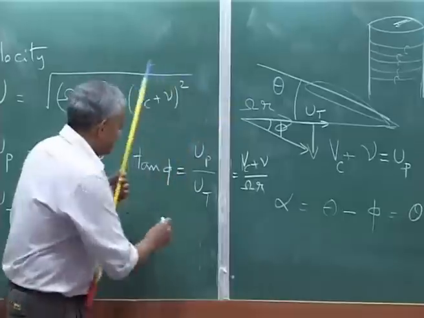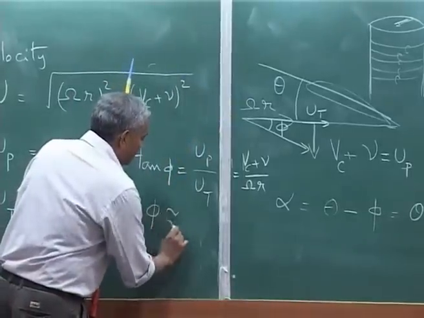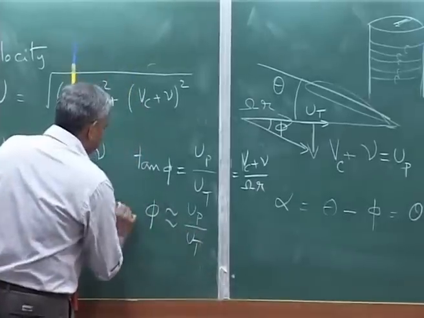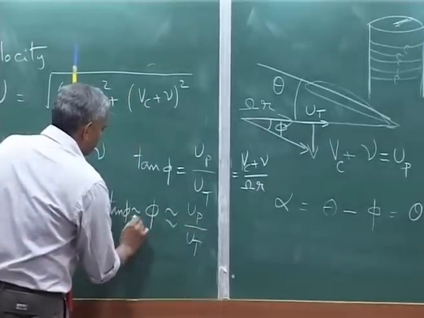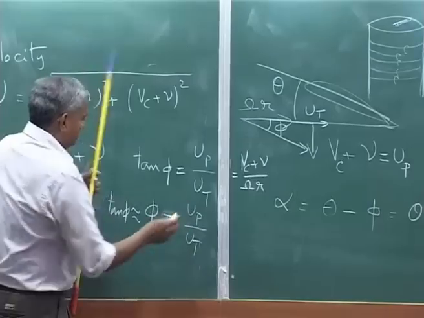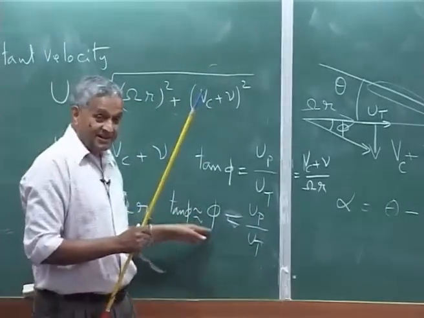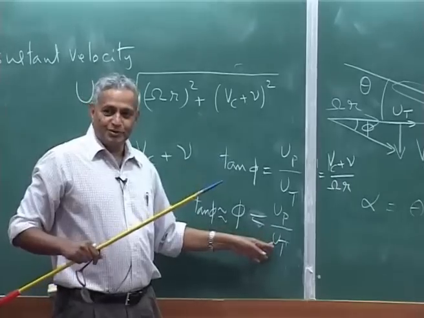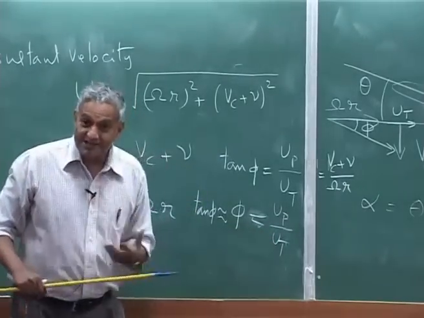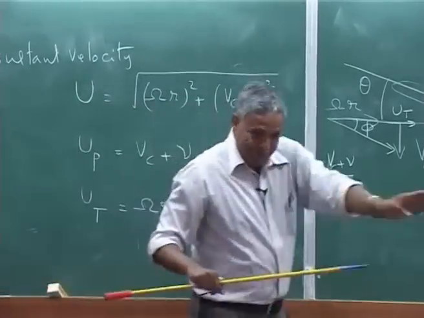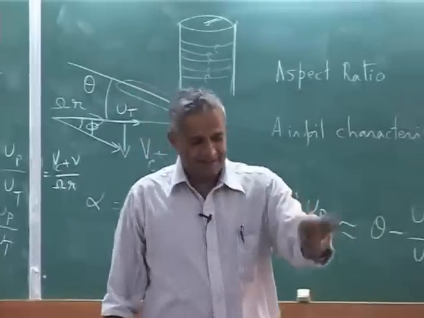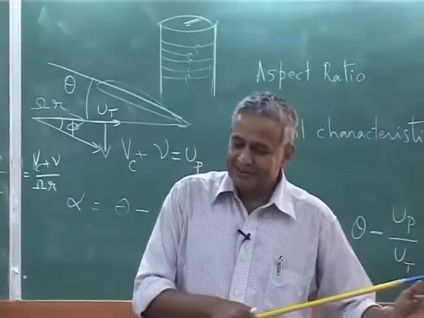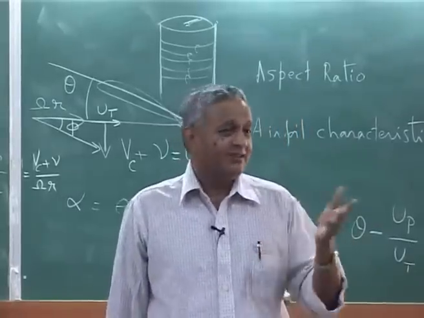So, please understand, I assume phi is small, I write it up over ut, tan phi is phi when phi is small. I am violating this rule as I come closer to the hub, but I still say it is all right, I accept it, because I know that dynamic pressure is very low. So, the lift is not very large.